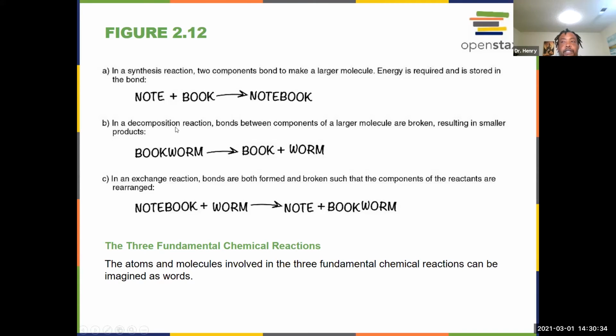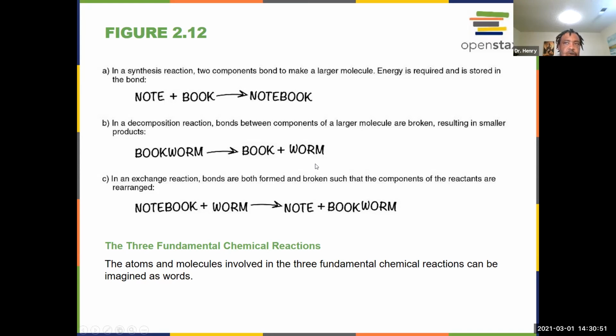We also have decomposition, where you have a large molecule being broken down into smaller parts, smaller products. An example here is bookworm being broken down into book plus worm.